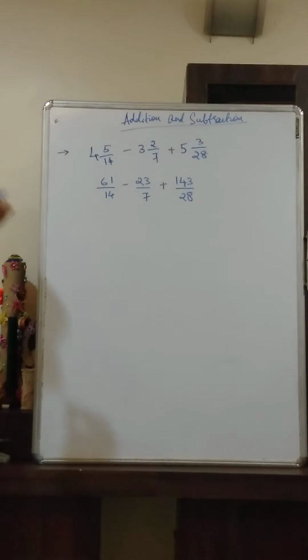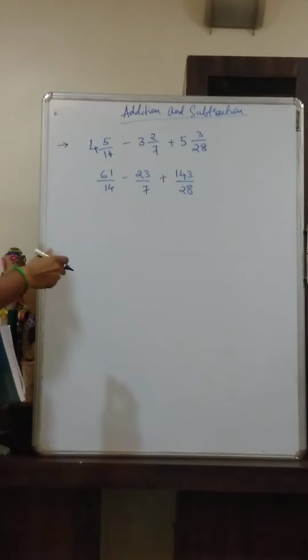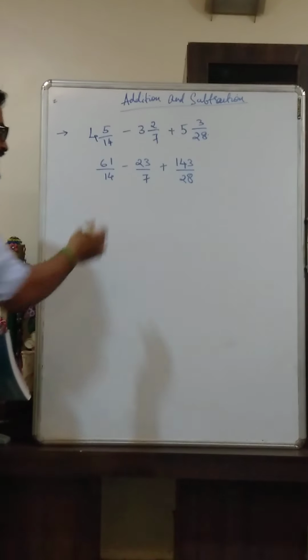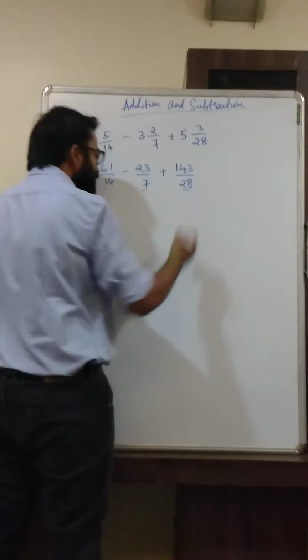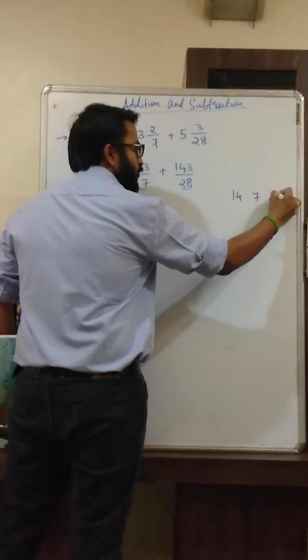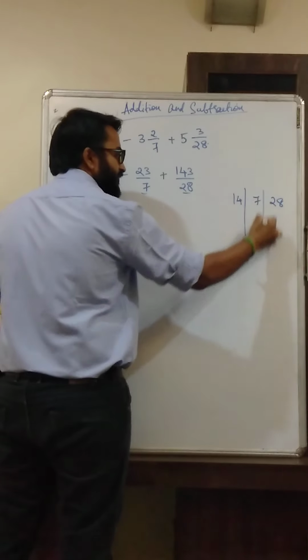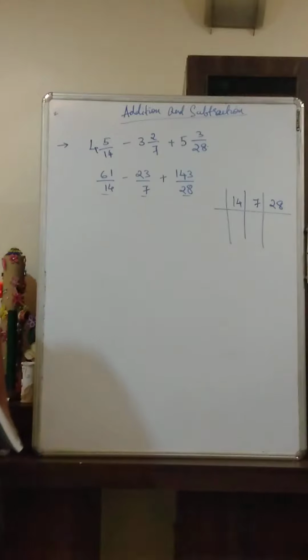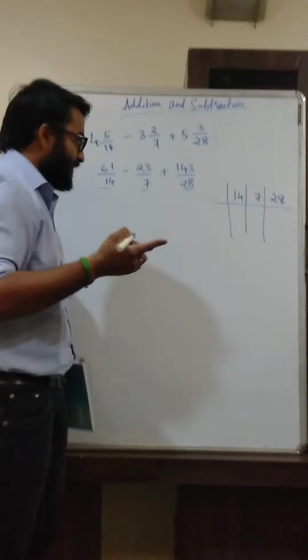So this is how you have to convert them into improper fraction and then taking the LCM. 14, 7, 28. If you observe, 14 and 28 are multiples of 7 and 7 is a prime number.